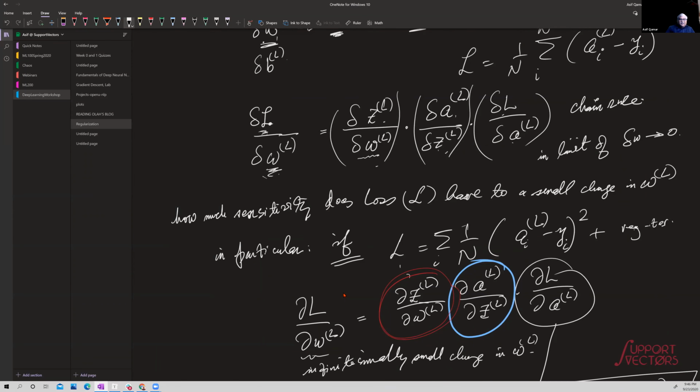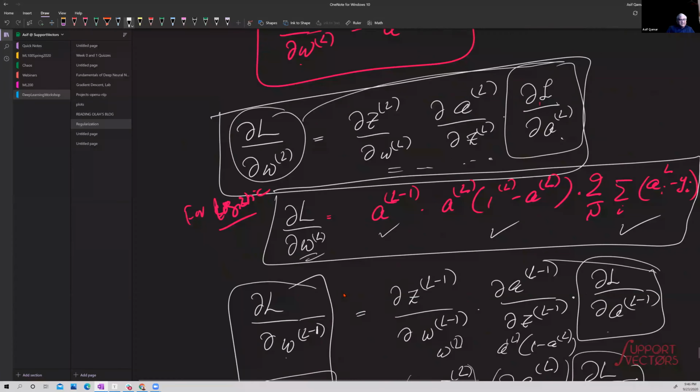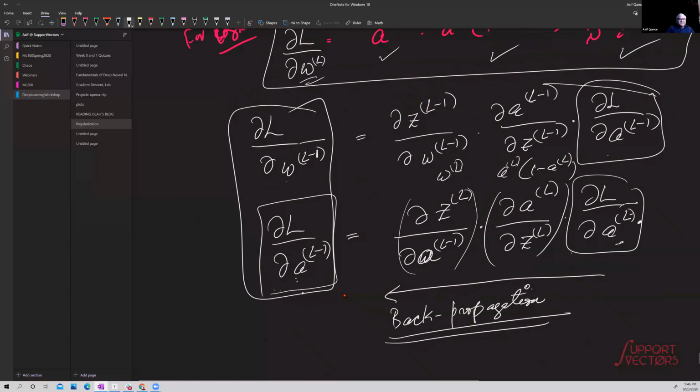The main idea is that when all the dust settles, it comes down to one simple thing. The sensitivity of loss to a given weight, which is your gradient that will help you do gradient descent, depends upon the sensitivity of loss to that layer's activation.